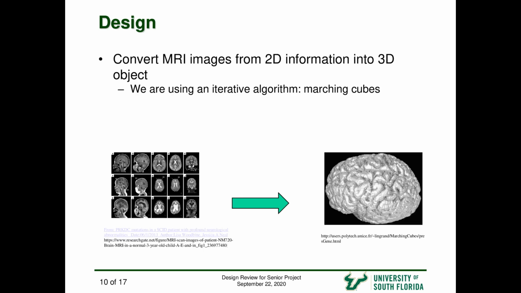One of the bases of our project is converting 2D MRI images into a 3D object. We do this using marching cubes, which is an iterative algorithm used to create triangles or voxels. It does this by having multiple points on the cube, as defined in the name.